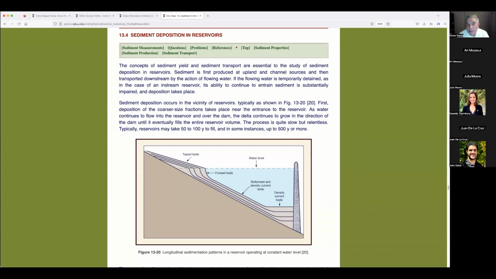Very complex problem in terms of societal requirements, because we would love to hold on to the water to be able to use it, but we do not like that the sediment is being settled at the bottom of the reservoir. Nevertheless, there's nothing we can do about it. All rivers that are self-formed are going to carry sediment.